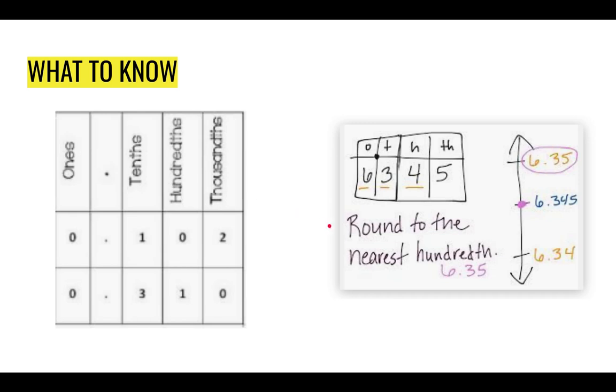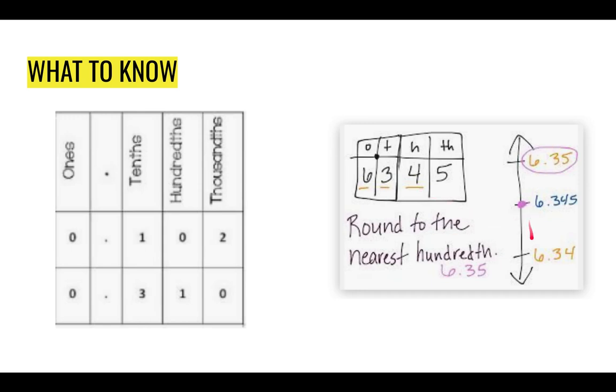So what you need to know for rounding is that when you are rounding a number, you can also use a place value chart like the example here, or you could use a vertical number line. And just write this number, where would it be between these two numbers? So you're rounding to the nearest hundredths. Now, do you see how they underlined up to the 4?